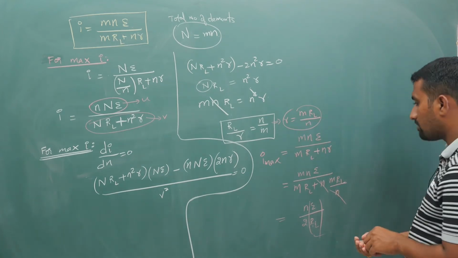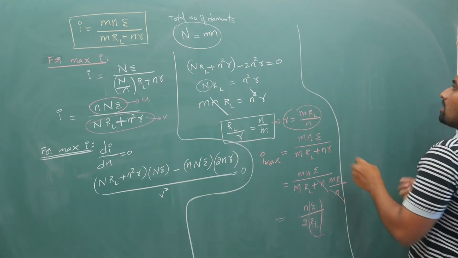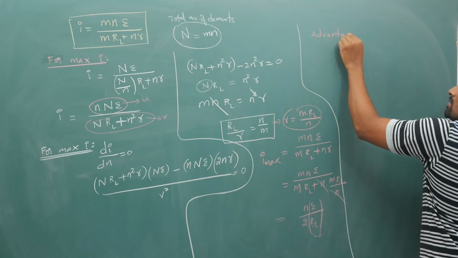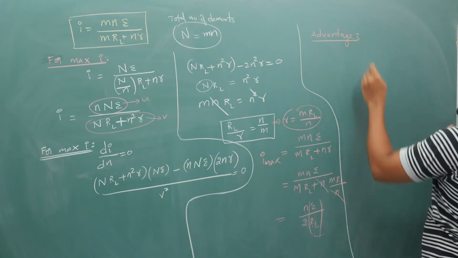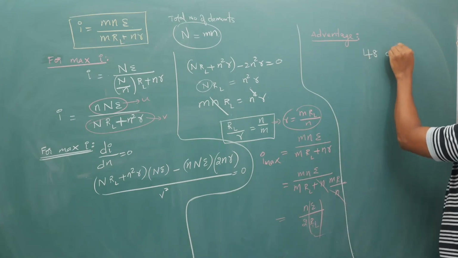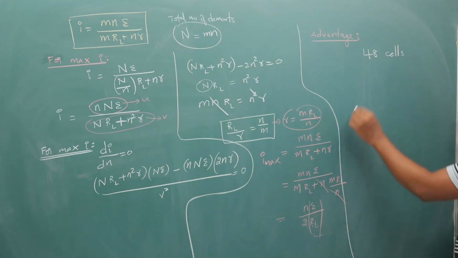Now from this, what is the advantage of this much explanation? I will tell you. For example, let us say you have 48 cells. Each cell is given with some particular internal resistance, and I have asked you to put them in a circuit.